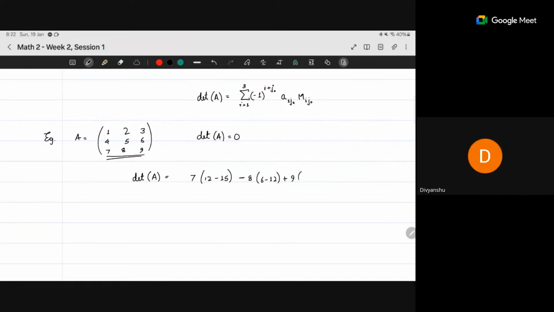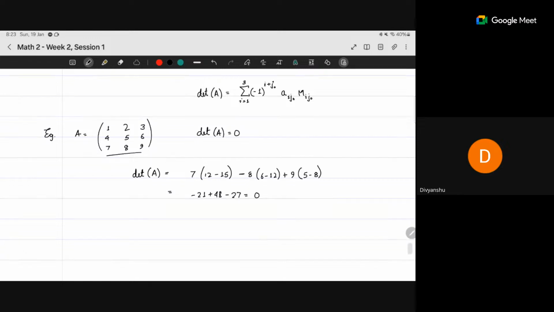Plus 9 times the determinant of 1, 2, 4, 5, which is 5 minus 8. So this becomes 7 times minus 3, which is minus 21, plus 8 times 6, which is 48, and whatever is remaining, 9 times minus 3, is minus 27. And this is also 0.